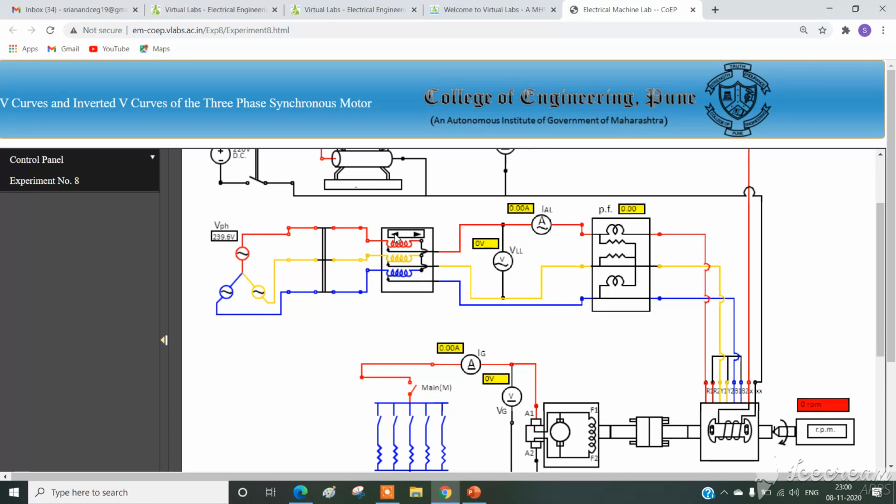The rated value is 415 volt, that is the line to line voltage, as mentioned here. Simply vary this to bring the rated line to line voltage to 415 volt.